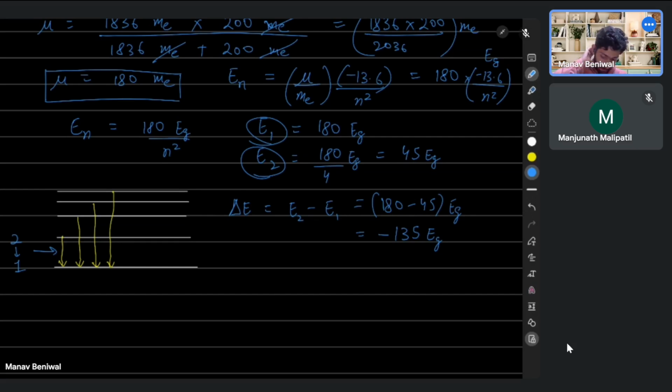Now we have Eg as minus 13.6, so our delta E will be 135 into 13.6 eV, which becomes 1836 eV.